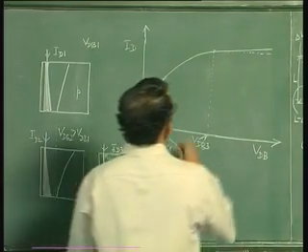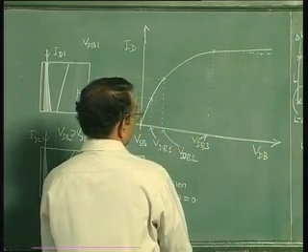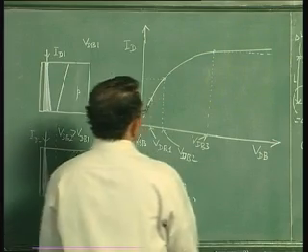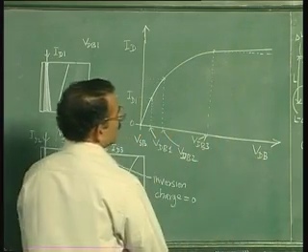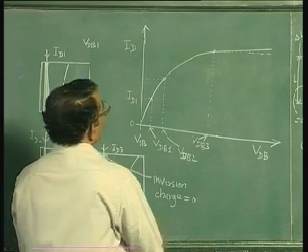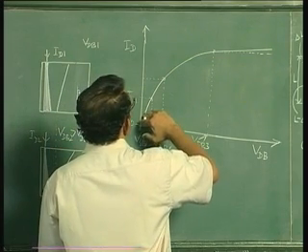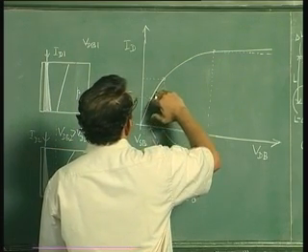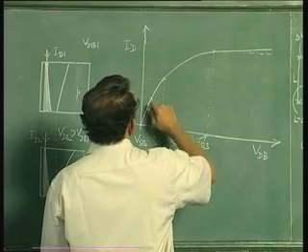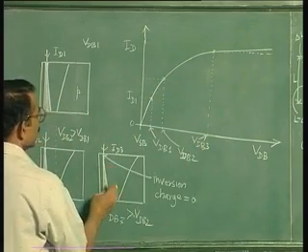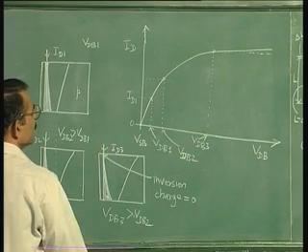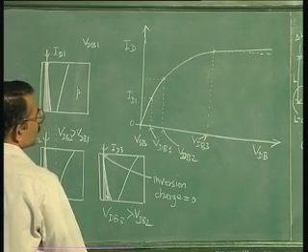So that explains how, for a given gate to bulk voltage, your current changes as you change your drain to bulk voltage. The current starts increasing, but the rate of increase decreases. Okay, so the slope of the curve is decreasing because the average charge in the channel goes on reducing, though your drain to bulk voltage is increasing.